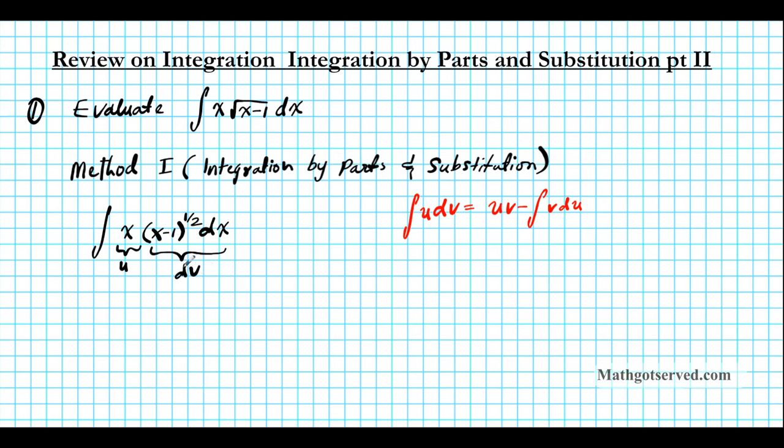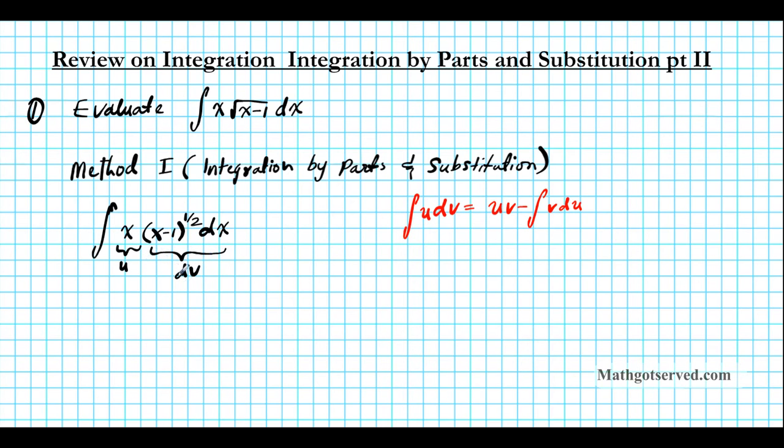Now why did I call this dv and call this u? If we differentiated this quantity right here, we'd have a much more complicated expression. And then if we integrate this, it becomes x squared over 2. So if I focus on integrating this, which is very easy to integrate, I'll end up with an expression that I can easily differentiate, because this u basically becomes 1 upon differentiation.